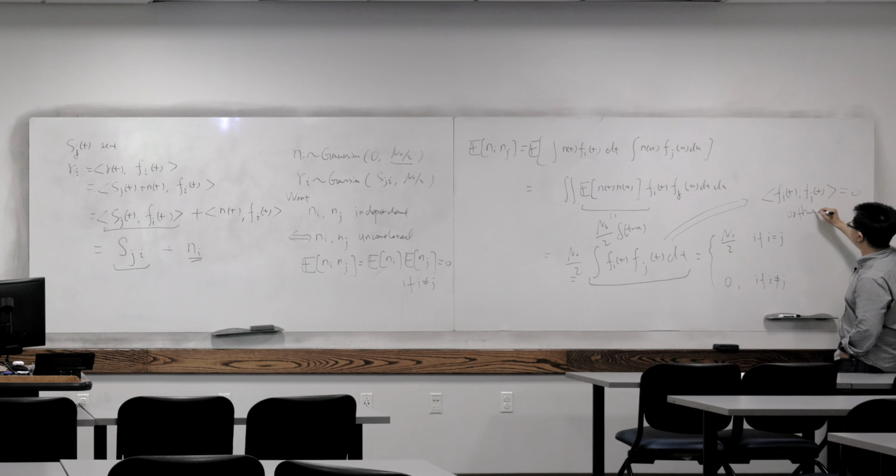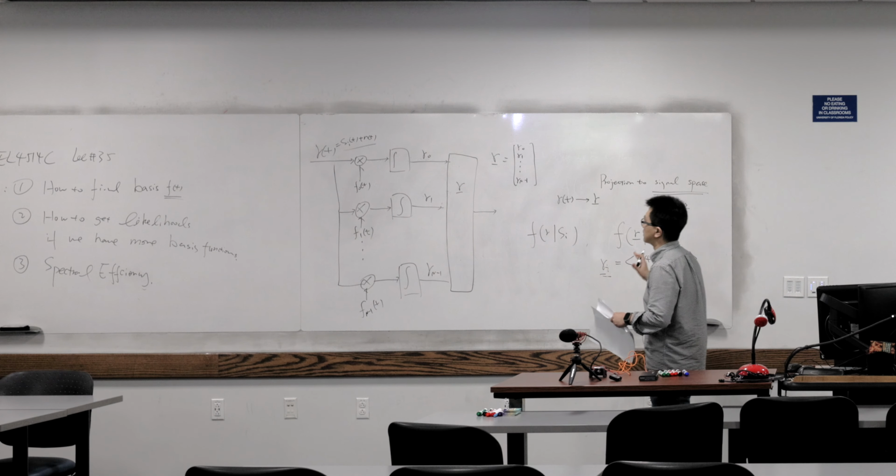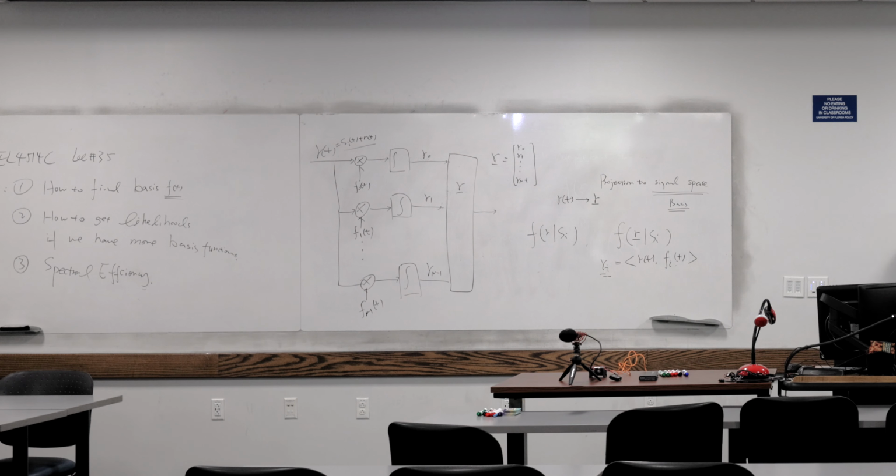So if we want all the r's to be independent, the only thing we need to guarantee is that all the bases are orthogonal. We could have non-orthogonal bases, no problem, but it would give us some trouble for this distribution. If they're orthogonal, they're all independent, and then we can easily write down the joint distribution.